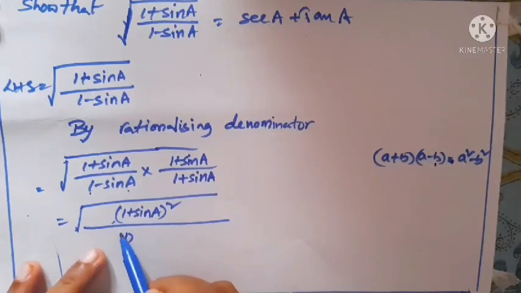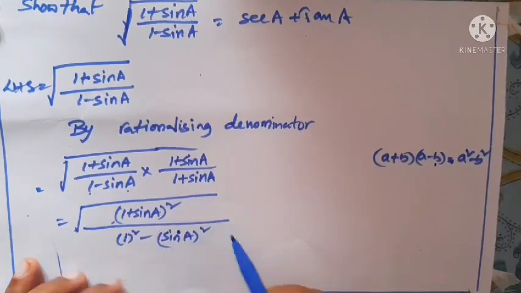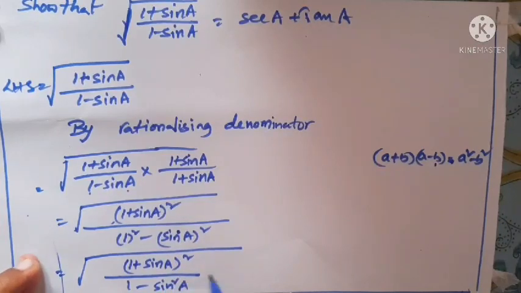So you will get 1 whole square minus sin A whole square, right? And now write 1 plus sin A whole square as it is. And now 1 square equals 1, sin A whole square equals sin square A.